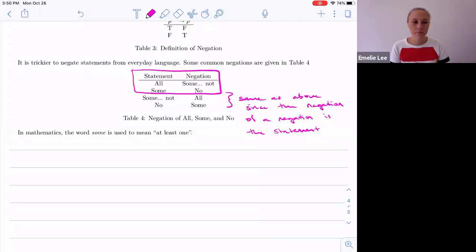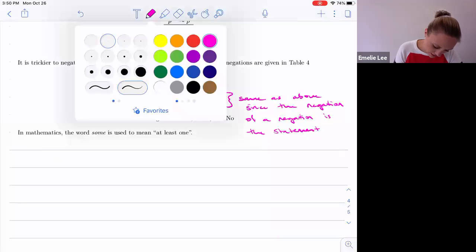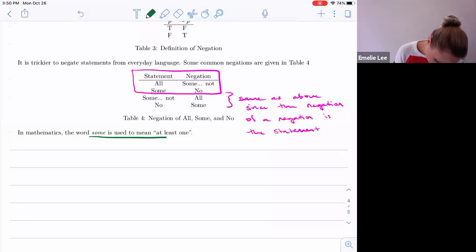I always like to drill it down to the least amount of memorization that you have to do. There is some memorization, but just get the fluff out of there. And here in math, the word some is used to mean at least one, which I'll highlight in green here, because that's going to be really important.